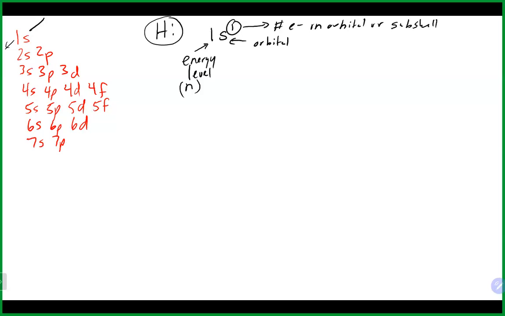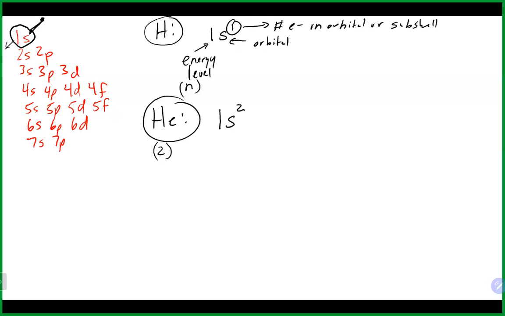So let's take a look at helium. Again, I'm going to start at the top, and helium has 2 electrons. So starting at the top will still take me here first. And the electron configuration would be 1s2. The first one means I'm on the first energy level. The s means my electrons are hanging out in the s orbital.